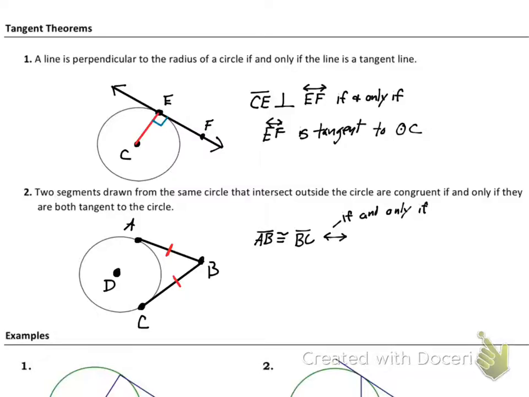So AB is congruent to BC if and only if segment AB and segment BC are both tangent to circle D.